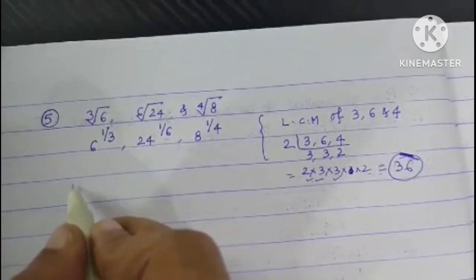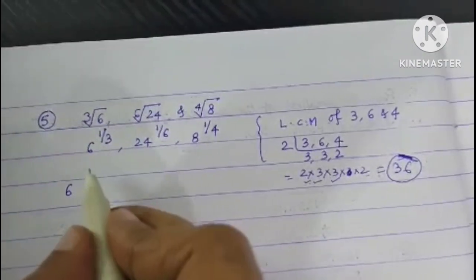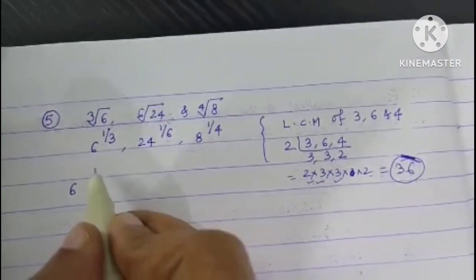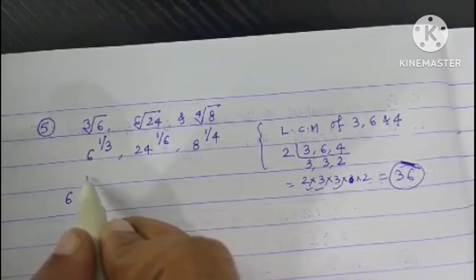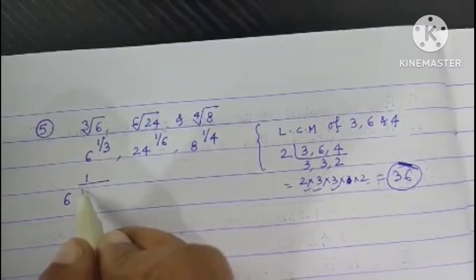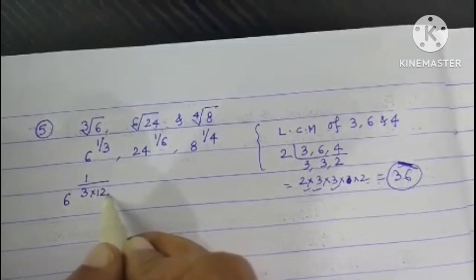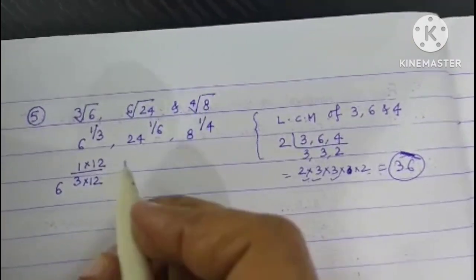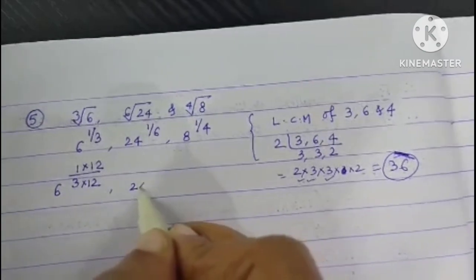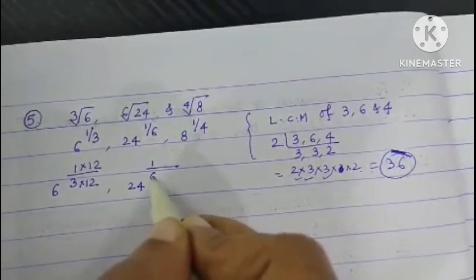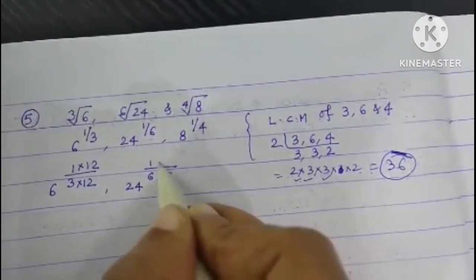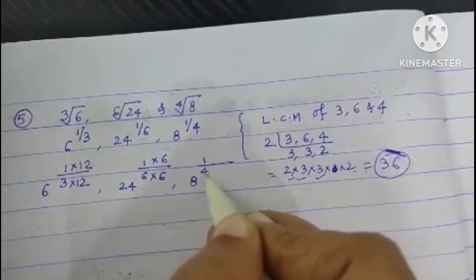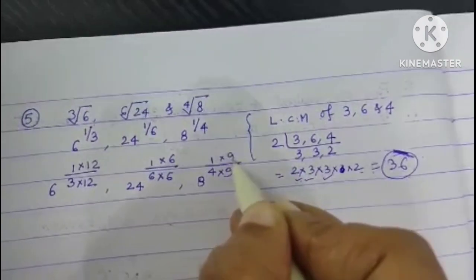Okay, so how can we write this? This one we can write 1 by 36. Okay, so 1 by 3 multiplied by 12 and then also multiplied by 12 in the numerator. This one we can write 1 by 6 multiplied by 6 and multiplied by 6 in the numerator also, and here we can write 9 and here 9.